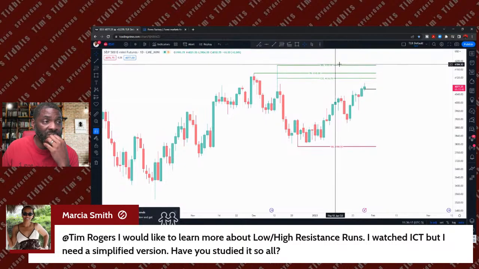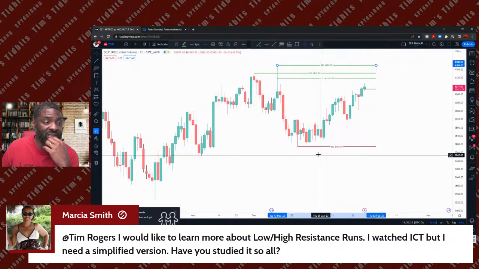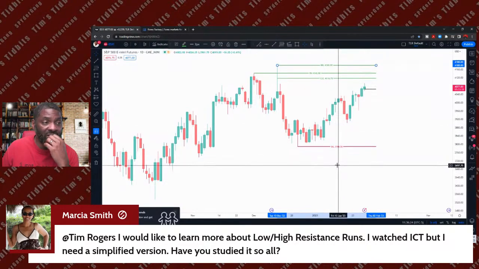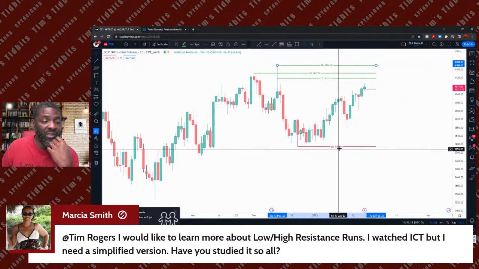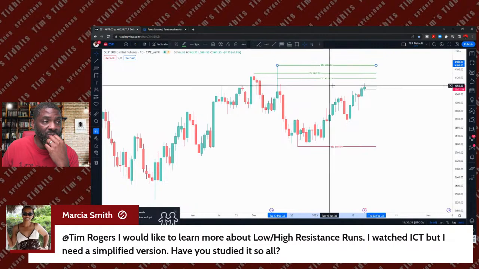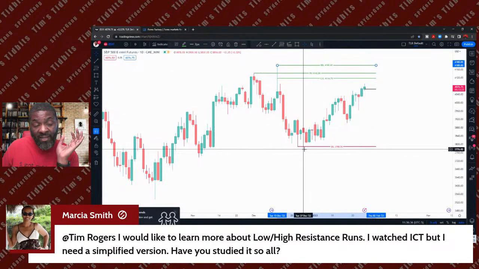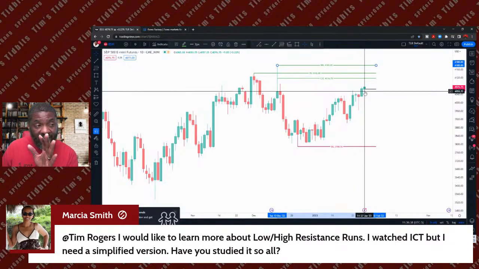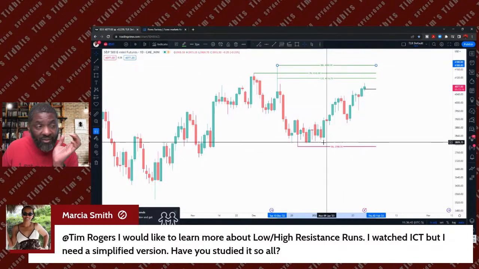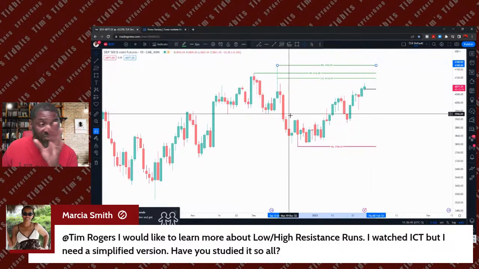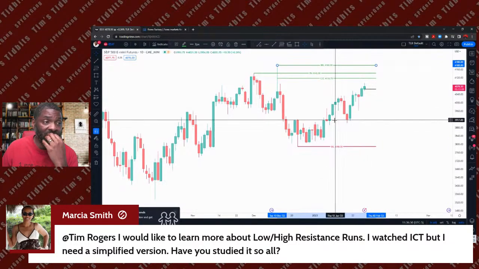To get to the buy side liquidity right here and to get to the sell side liquidity there, you have more obstacles in between on the sell side than you do on the buy side. Mind you, we've already been extended, so I'm not saying we'll get here before we get there, but I'm just giving an example of low liquidity versus high liquidity runs.